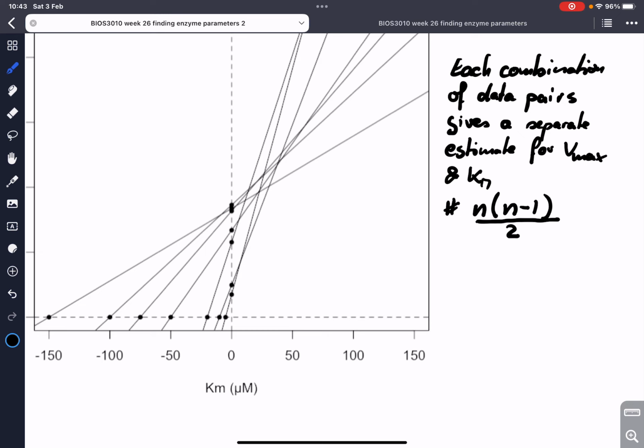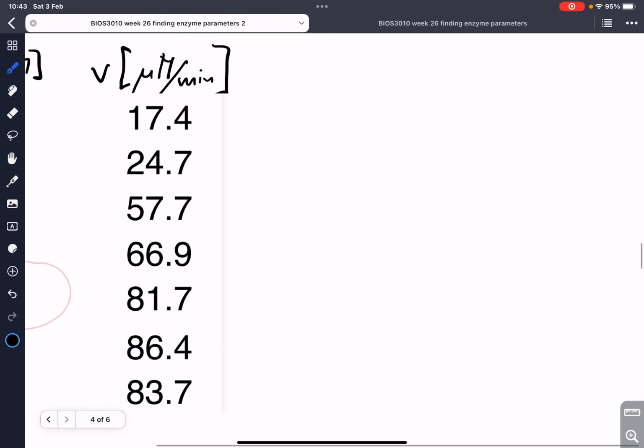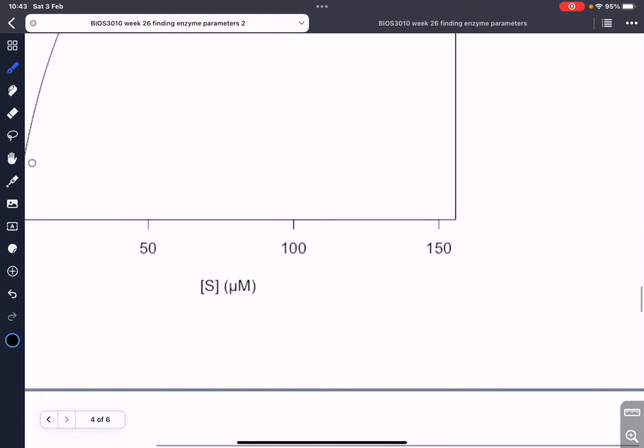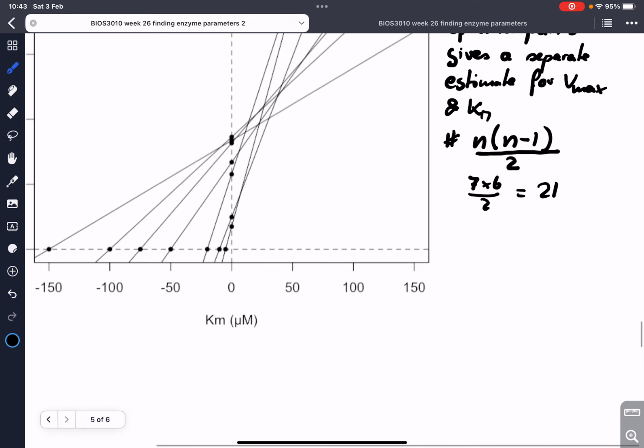That's the number of Vmax and Km that we get. And so if we've got, say, how many did we have here? We had 1, 2, 3, 4, 5, 6, 7. So we would get 7 times 6 divided by 2. So we would get 21 different Vmax and Kms.